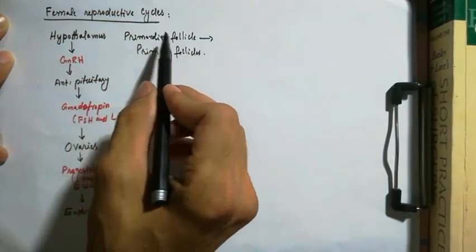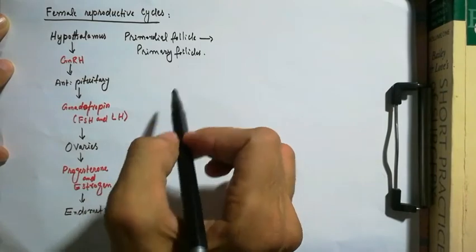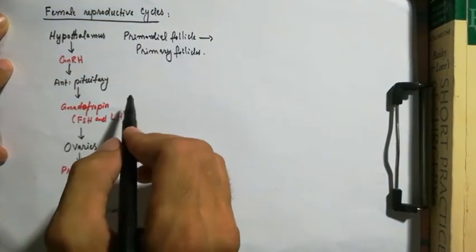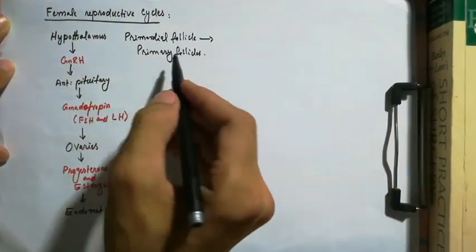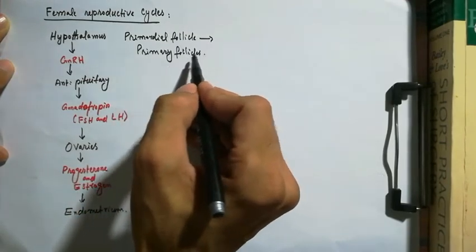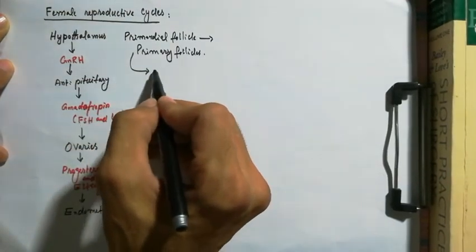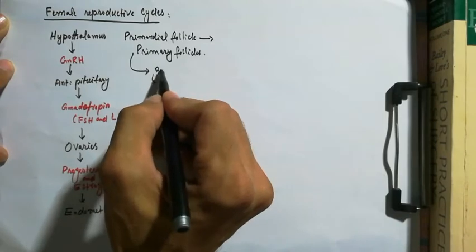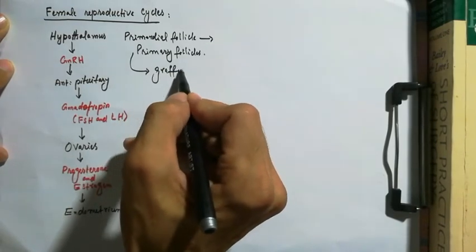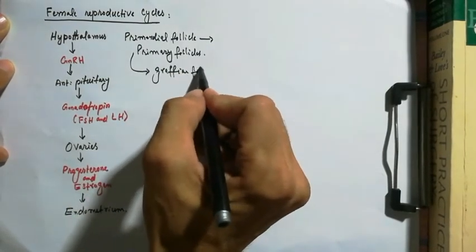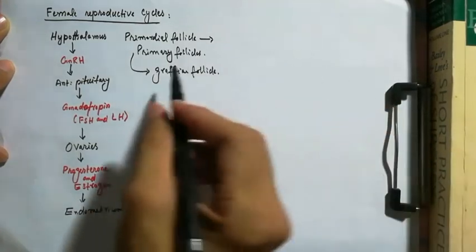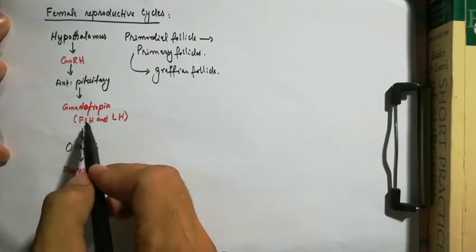Growth of primordial follicles into primary follicles is independent of follicle stimulating hormone, but the growth of primary follicles into Graafian follicle requires follicle stimulating hormone.